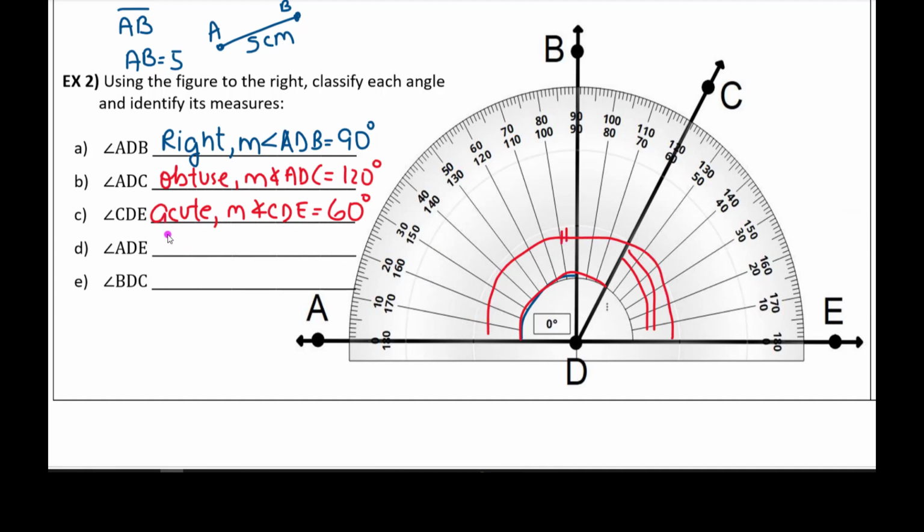We notice that's 180 degrees, so that means this would be a straight angle, and the measure will be 180 degrees. So the measure of angle ADE equals 180.